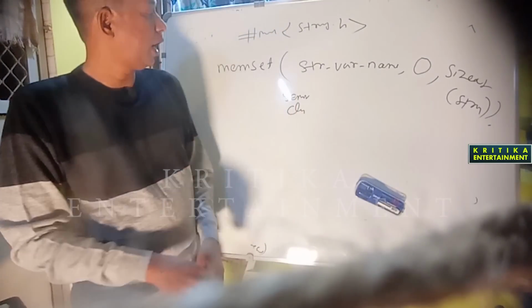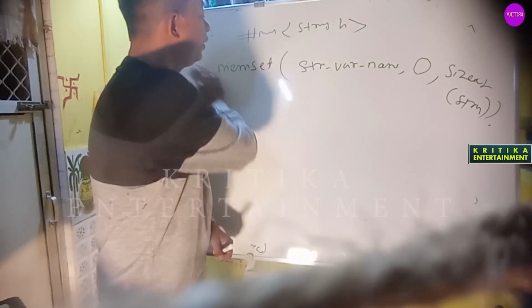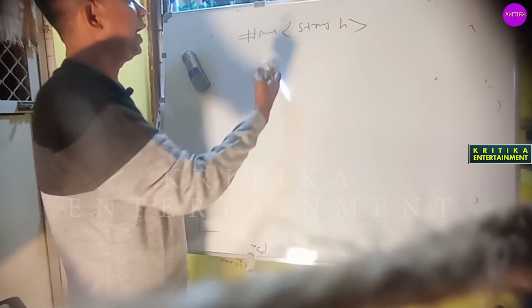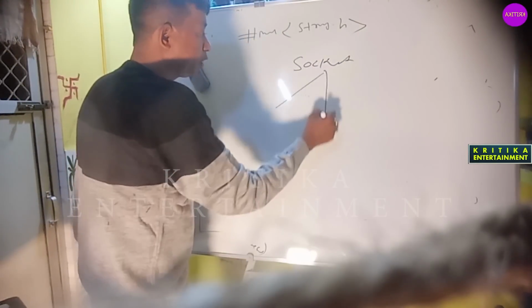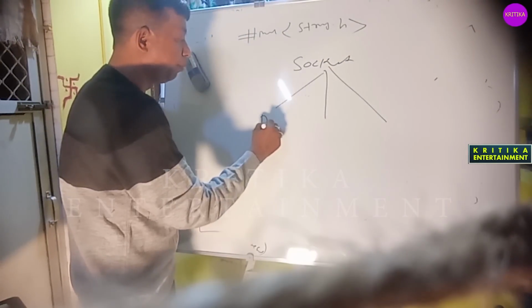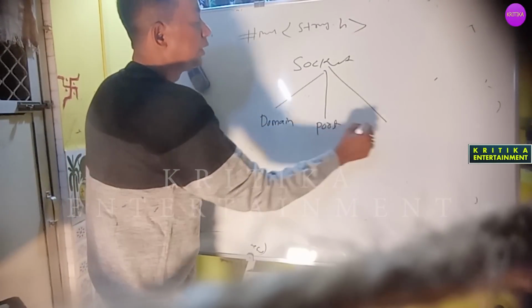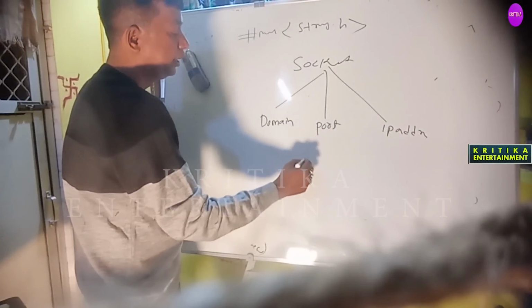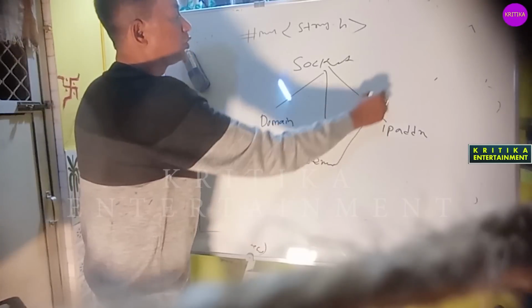I have told you a server socket is associated with three parameters. What are they? First is the domain, second is the port, third is the IP address. That IP address is stored in your server variable, which will be associated with the socket.